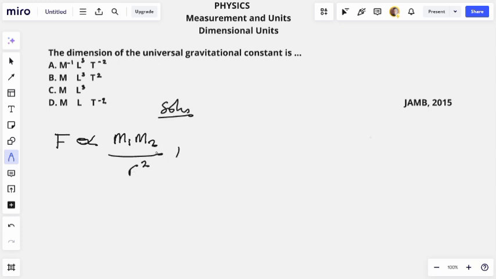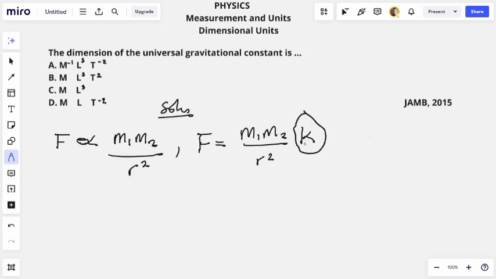When we bring a constant of proportionality, F will be equals to k times m1 m2 over r squared, where r represents the distance between the two masses, and k is the constant. Now this question is asking us to find the dimensional unit for the universal gravitational constant, k.